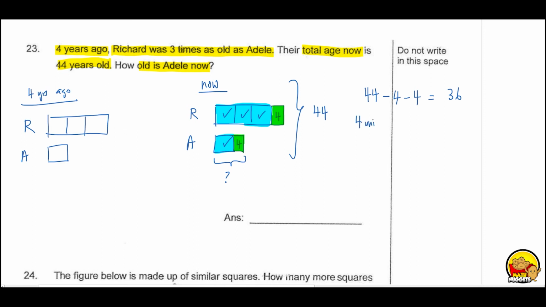So 4 units is 36. 1 unit would be 36 divided by 4, which is 9. And Adele's age now, this is 9, would be 9 plus 4, which is 13. She is 13 years old now.